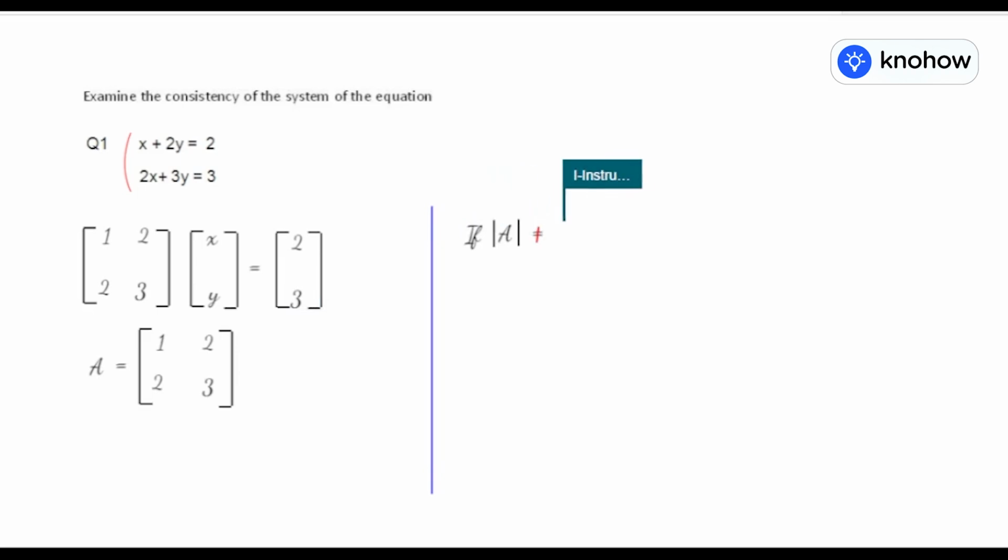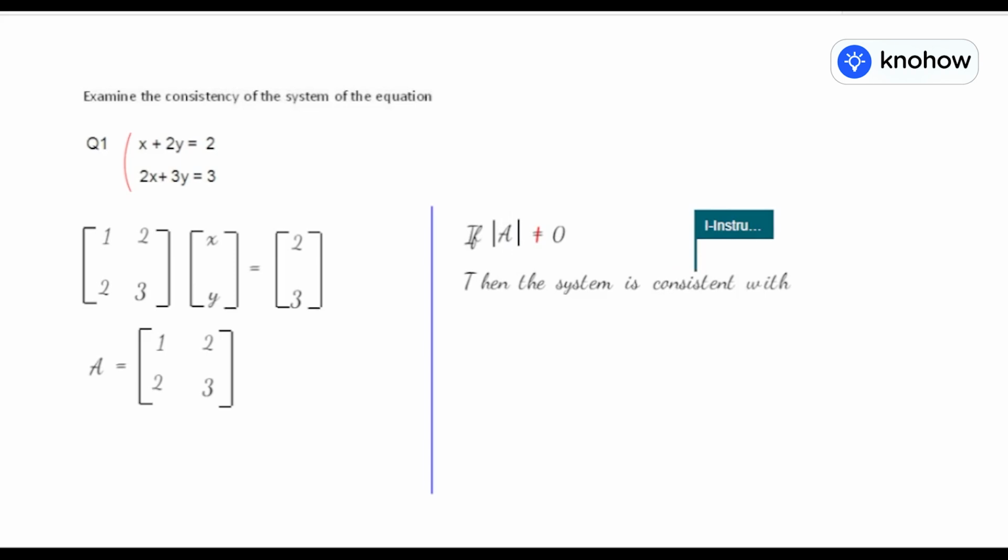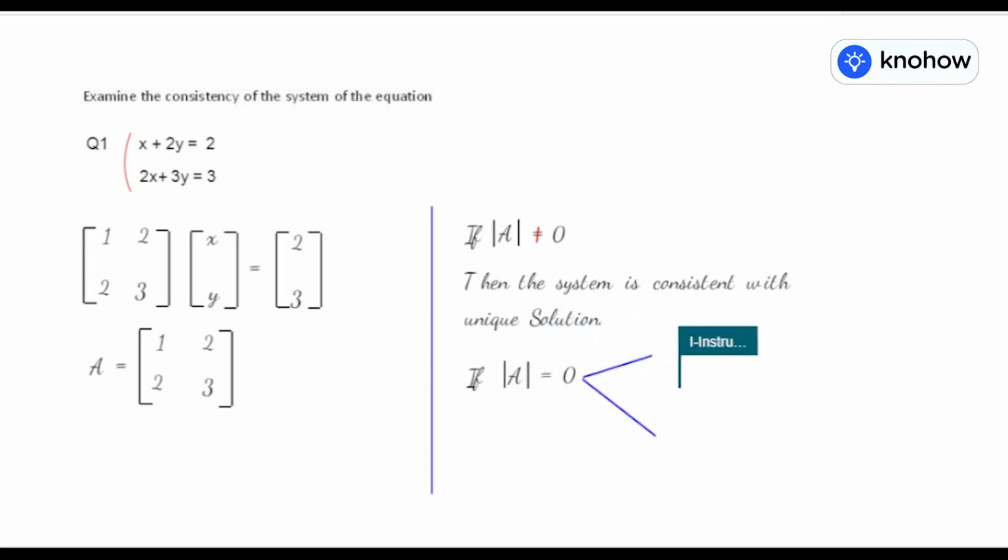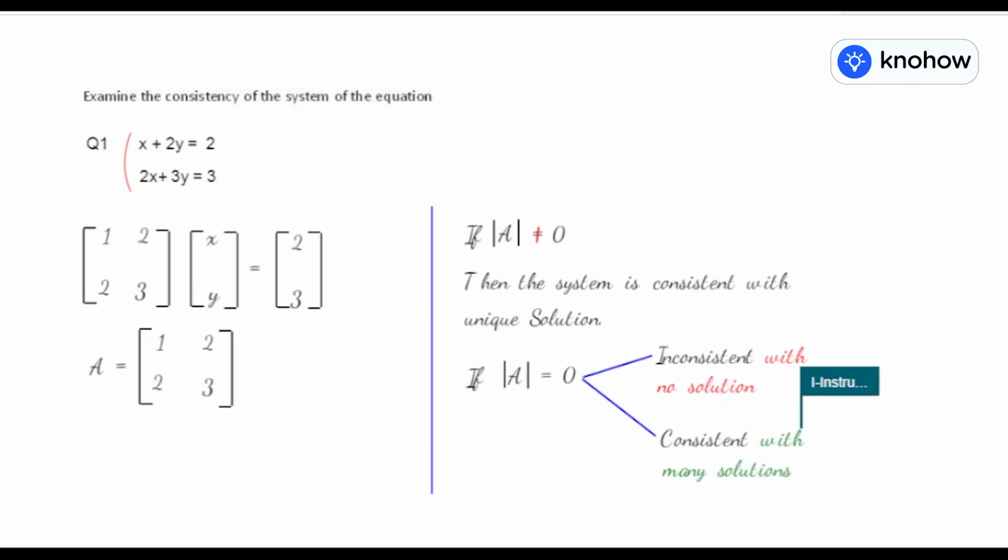That determinant A is not equal to 0, then we will comment that the system is consistent with unique solution. In case determinant A is 0, then there may be two possibilities. It may be inconsistent with no solution, or it may be consistent with many solutions. That I will discuss in the next questions.